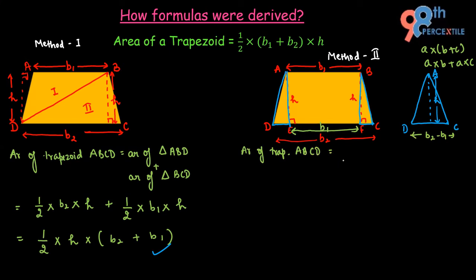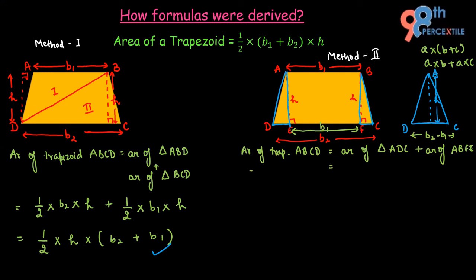That is nothing but the area of these two triangles which I have combined over here, so area of triangle ADC, plus the area of this rectangle ABFE. So now we can easily find the area of a triangle and area of a rectangle. So let's do that.